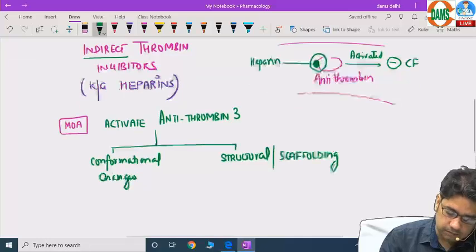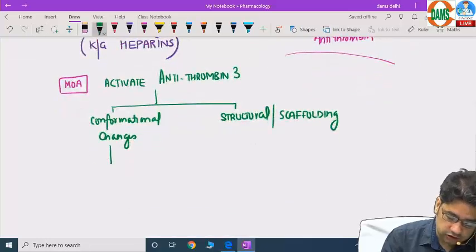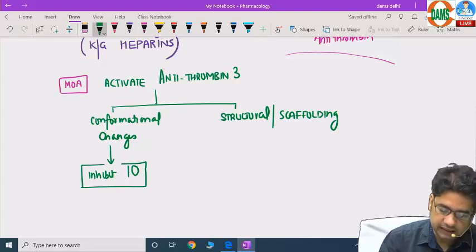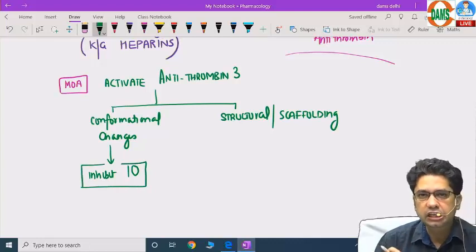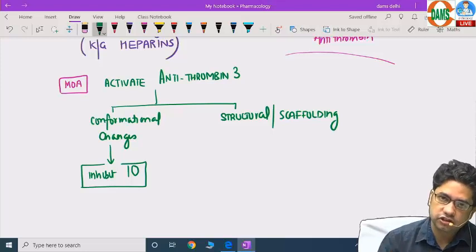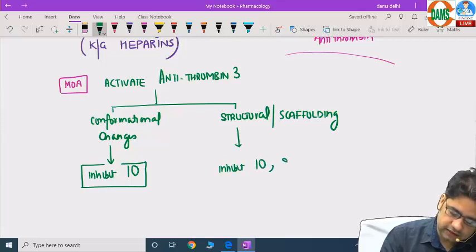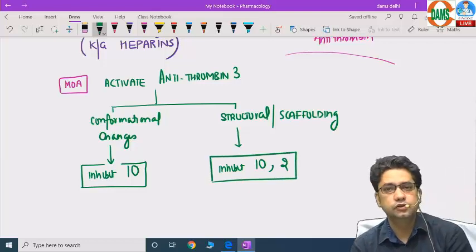This antithrombin 3, when undergoes structural changes, it binds and inhibit factor 10. Which clotting factor it will inhibit? Factor 10. And when antithrombin 3 have structural changes, it inhibit both factor 10 as well as factor 2. ठीक है बच्चों?